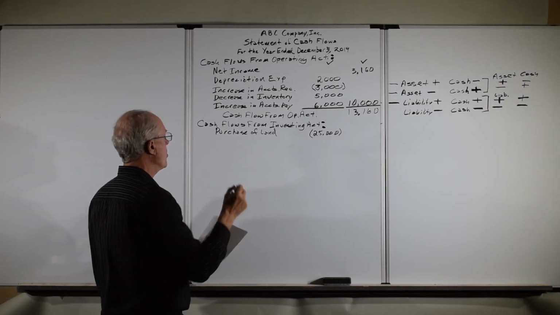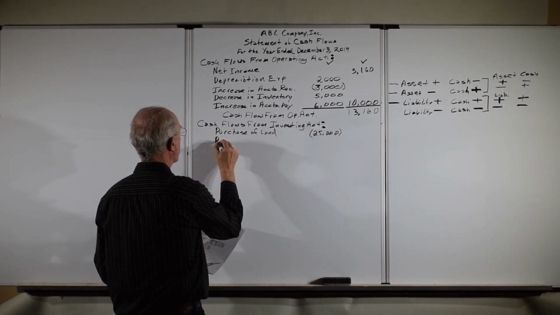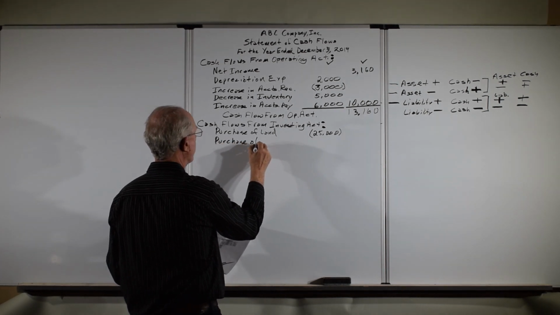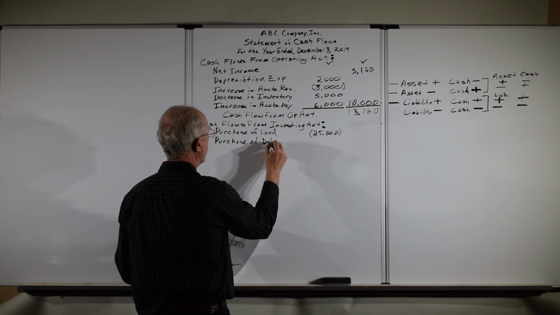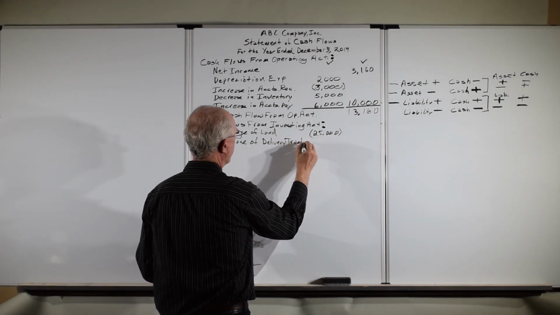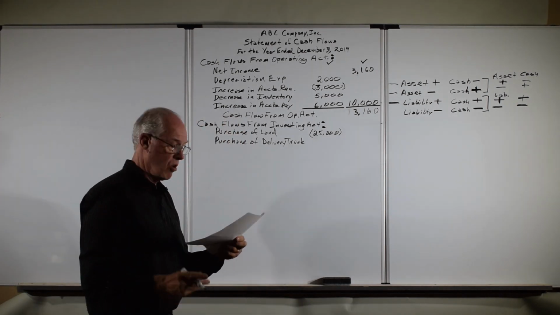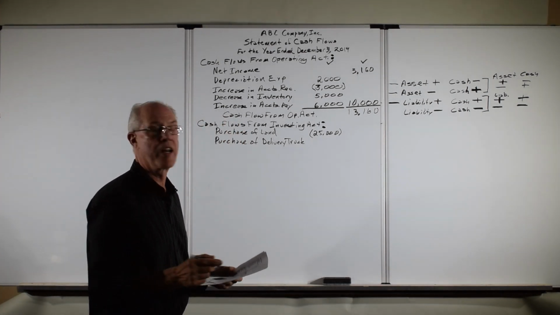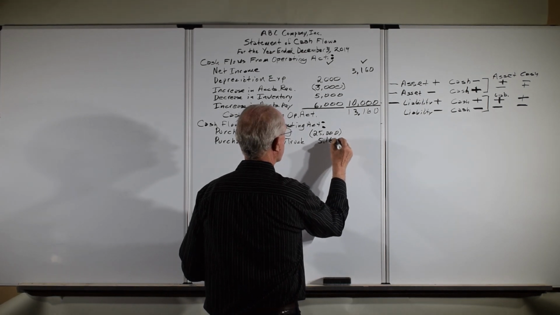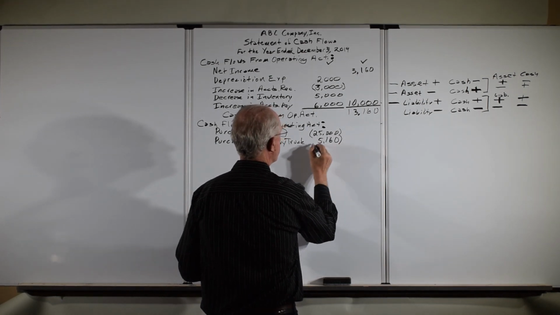Next, we have the purchase of delivery truck. And the purchase of the delivery truck was $5,160, and we purchased it for cash.